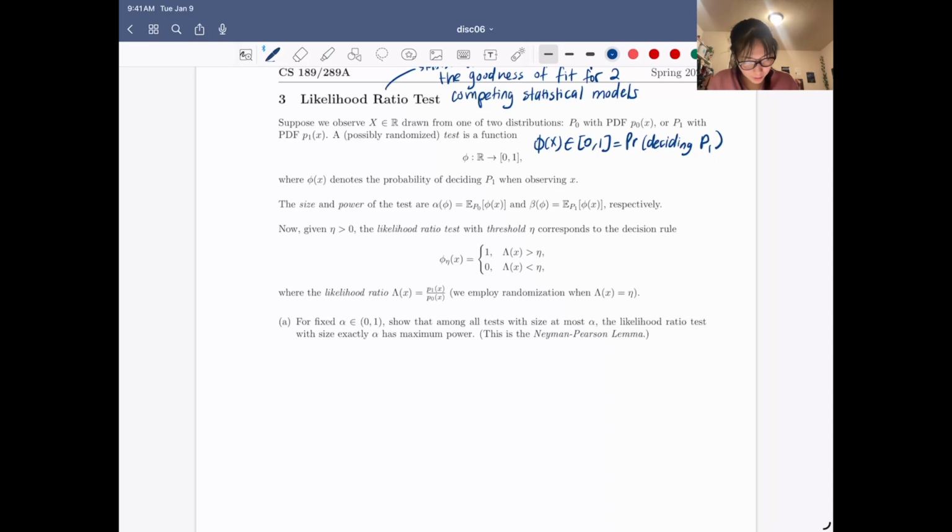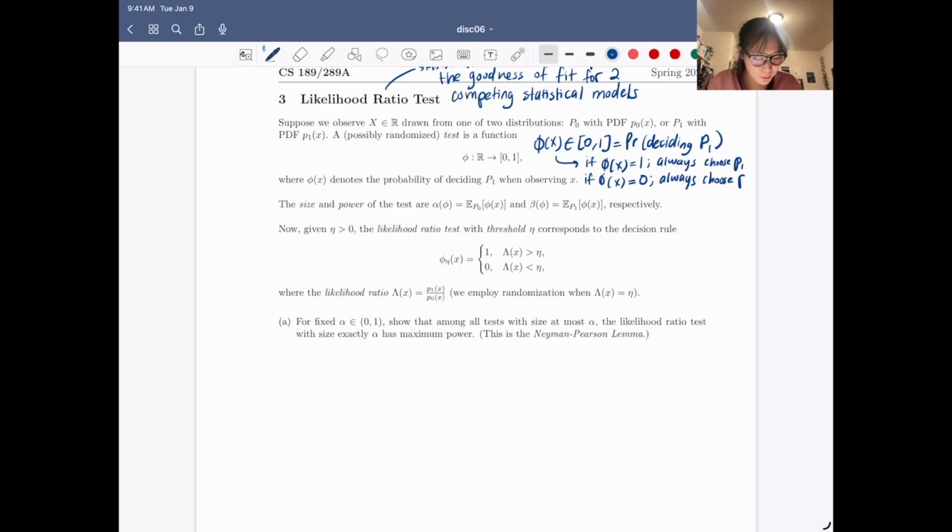Now if we break this down further, because phi of x is the probability of deciding that P1 is the PDF when observing x, if phi of x is equal to 1, then we should always choose P1 as the probability distribution. If phi of x equals 0, then the probability of deciding P1 is 0, which means we always choose P0.